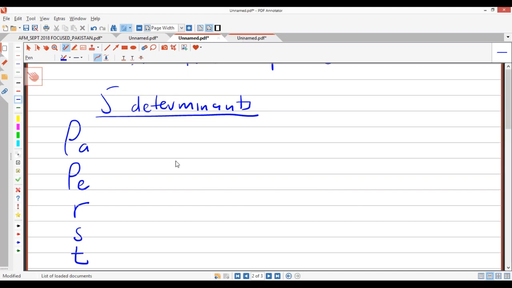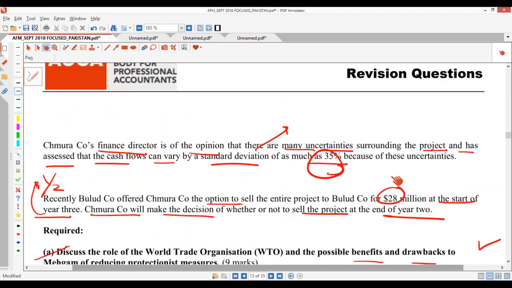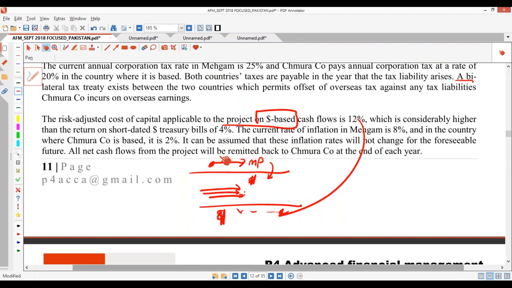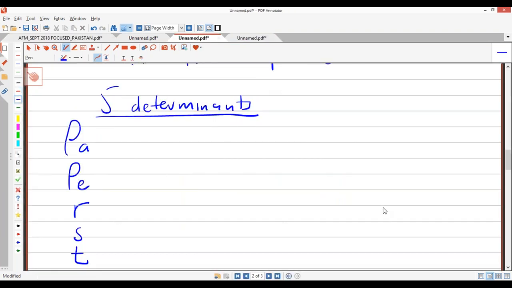Now you know why they give you the risk-free rate. Where's that? Last paragraph. They said the treasury bills is RF. Now the reason why you must use RF. Anyone can tell me why we use RF?